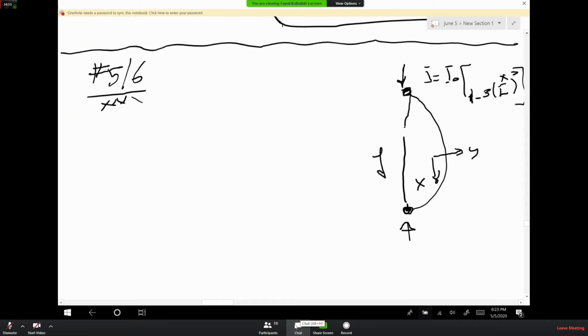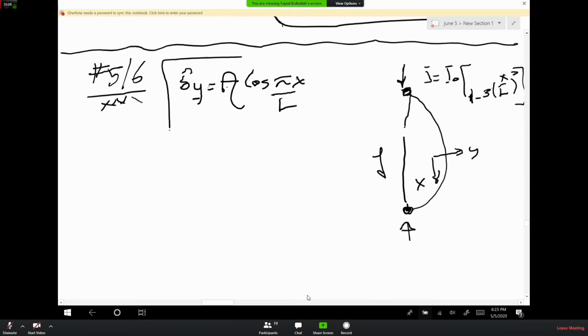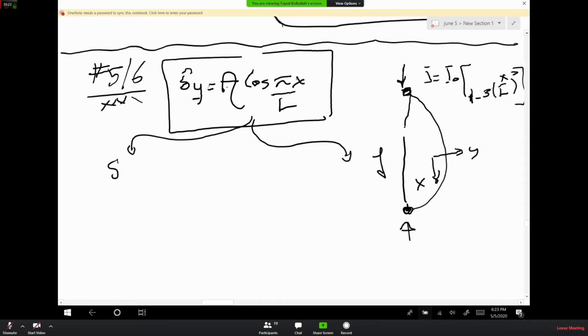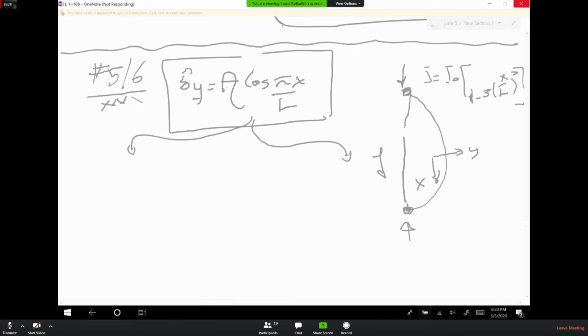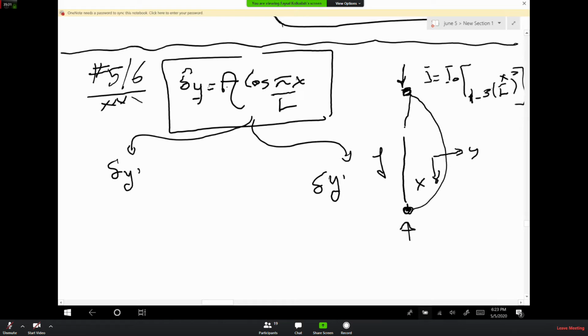Okay. So again, the first one, we're going to say delta Y is A cosine pi x over L. So we're assuming a trig function for delta y. And since we got the delta y, before we go anywhere, let's get delta y dash and delta y double dash.